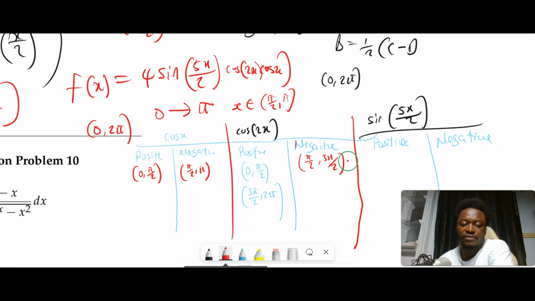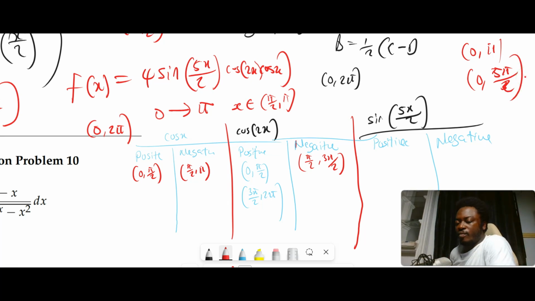We are looking at x from 0 to pi, so 5x over 2 goes from 0 to 5 pi over 2.